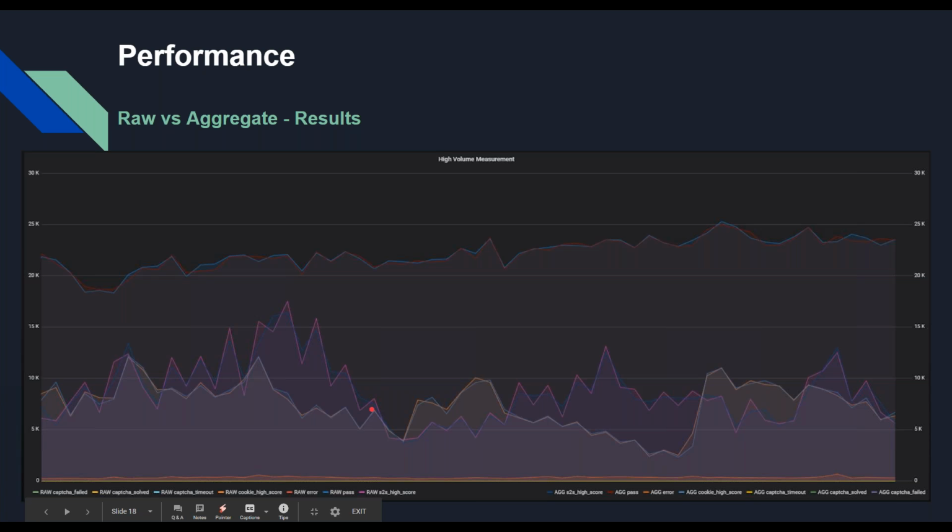So now that we had a pipeline running in production, it was time to see how good the data was that we were producing. This is a view of one of our high volume measurements, looking at some of the aggregates being produced in terms of the raw data, running an aggregate query against it versus querying similar data back out from the aggregate clusters.